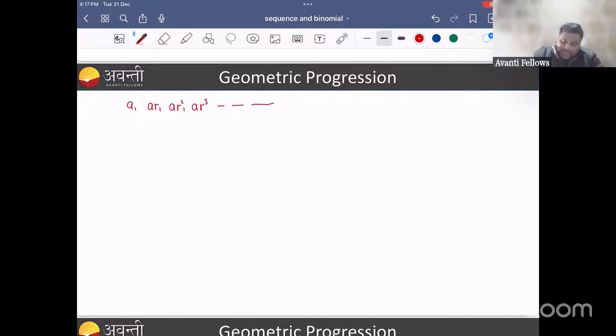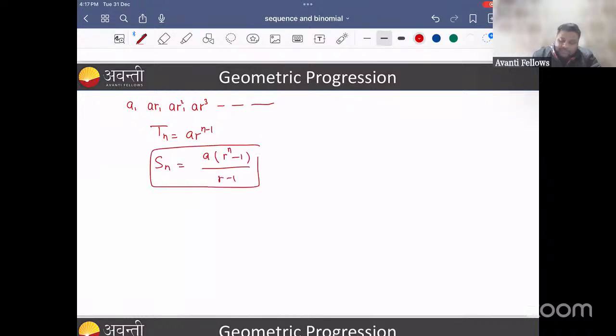So the nth term is ar to the power n minus 1, and the sum up to n terms is a (r to the power n minus 1) upon (r minus 1). These are the two important formulas that you have to remember.